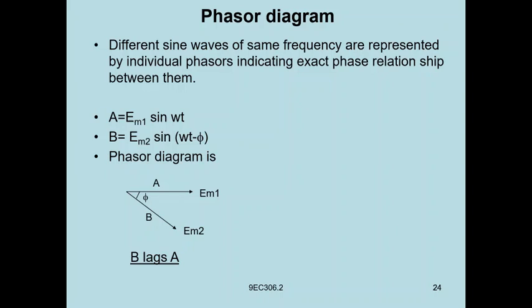If B is the sine wave, the phase difference is 5 degrees, that is minus 5. So Em2, that is the phasor B, is represented like that. Both are different.